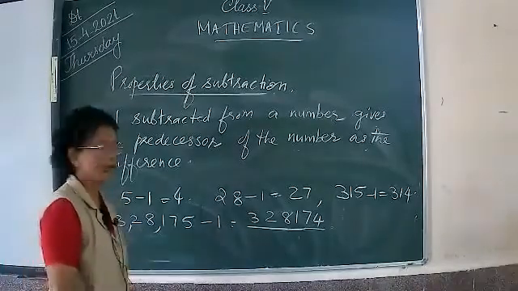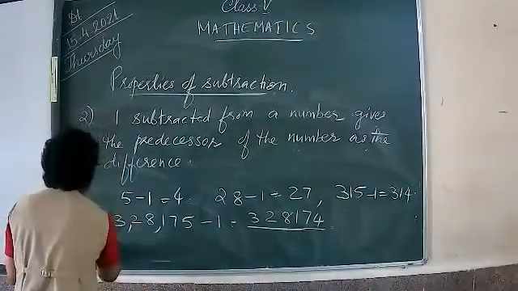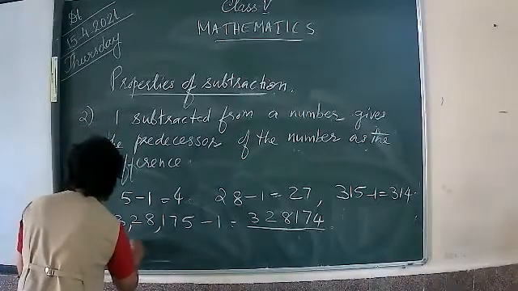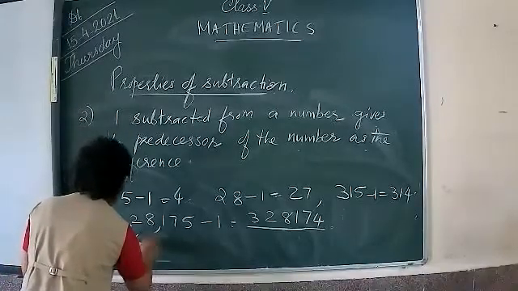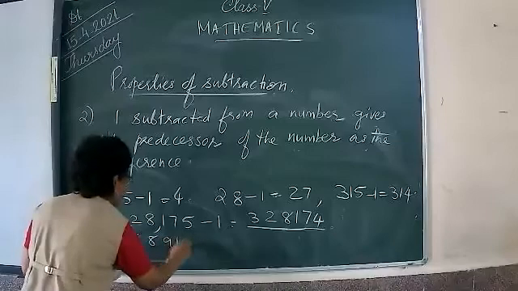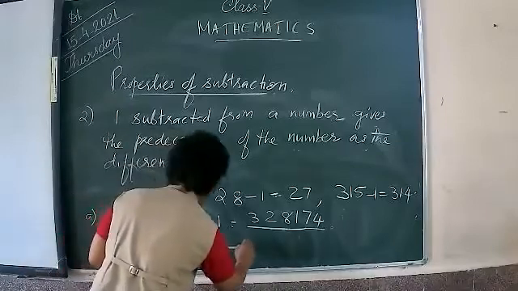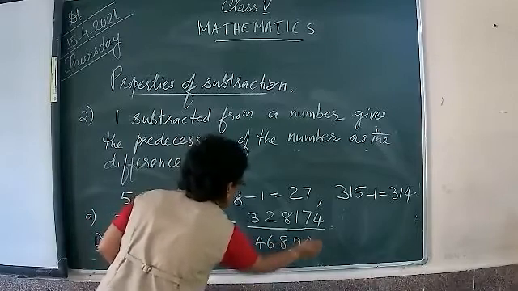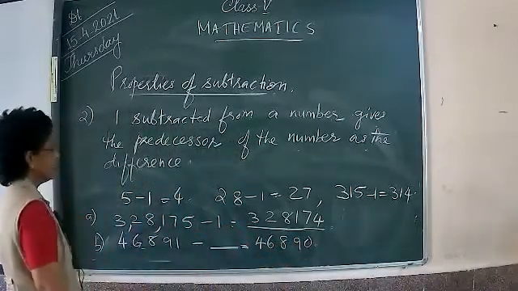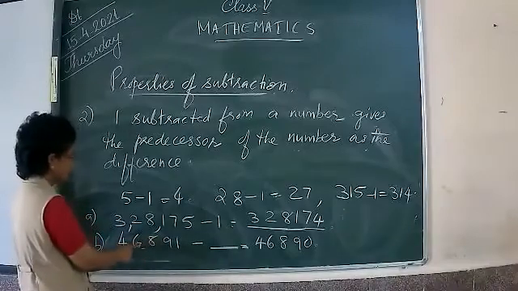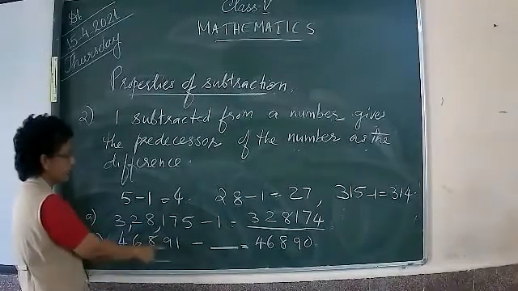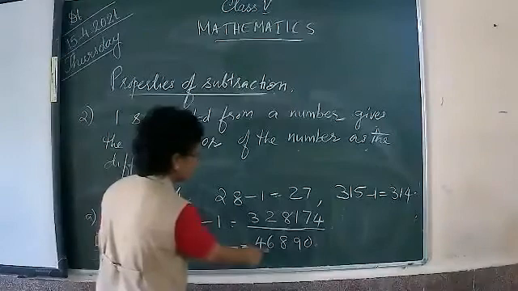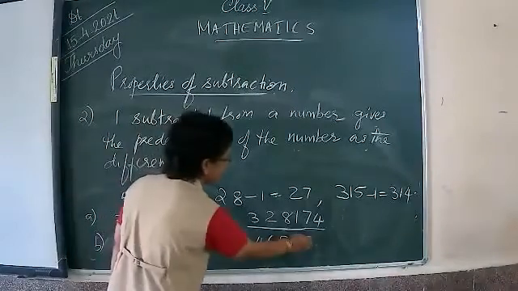Clear? Another type of question you will get there. Here 46891 minus dash is equal to 46890.